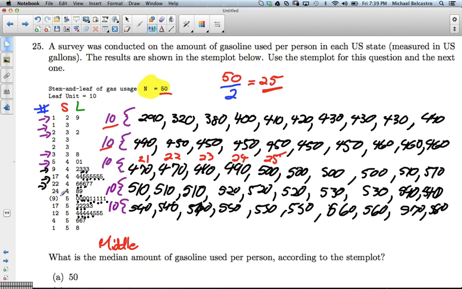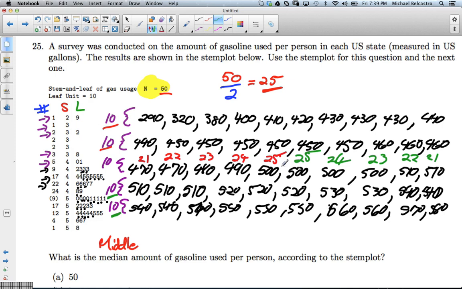They're trying to give us a halfway point. So we knew we were at 17. Well, then this would be 18, 19, 20, 21, 22, 23, 24, 25. And this value would actually be 25 from the top, right? This would be 10, 20, 21, 22, 23, 24, and that's 25.